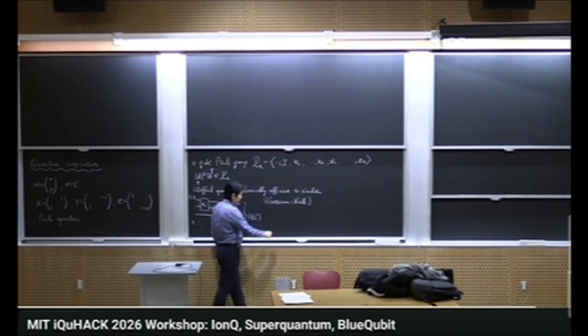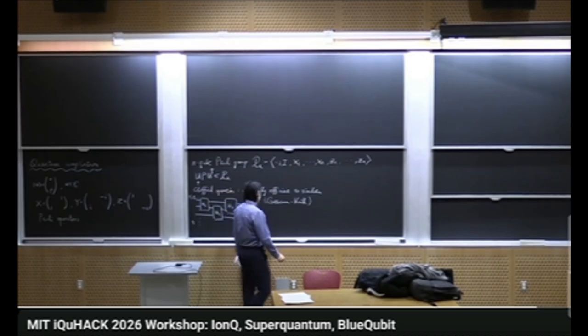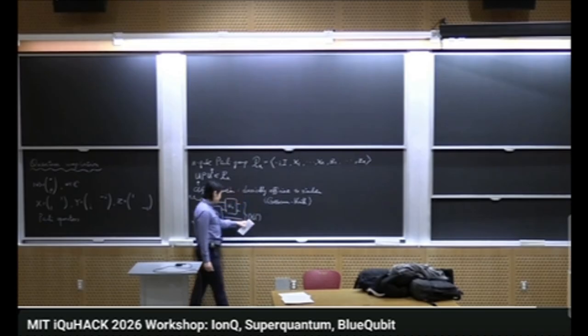It's called the Gottesman-Knill theorem, and it says that if your quantum circuit is made of only these operations, then you can efficiently simulate it, in linear time in the number of qubits. So this turns out to be a very limited set of operations, and the question is how to make it more powerful. How do we recover universality?